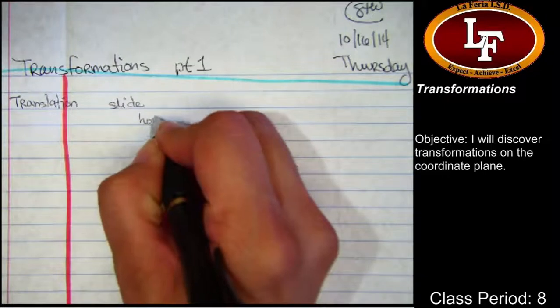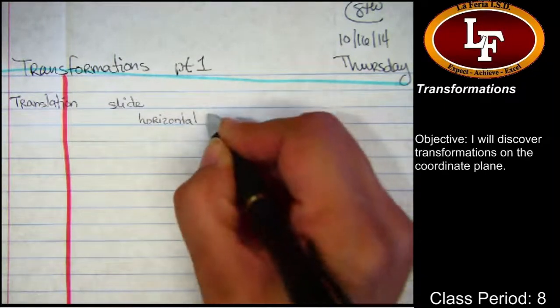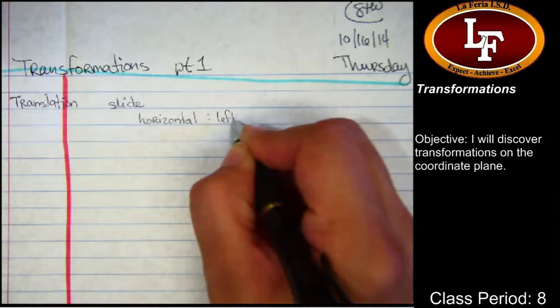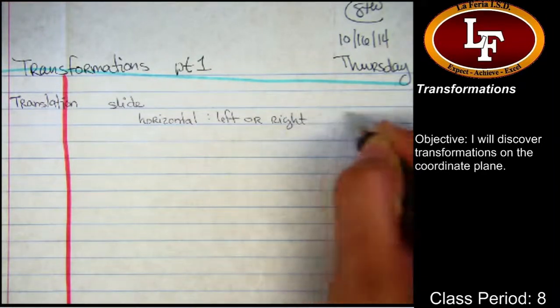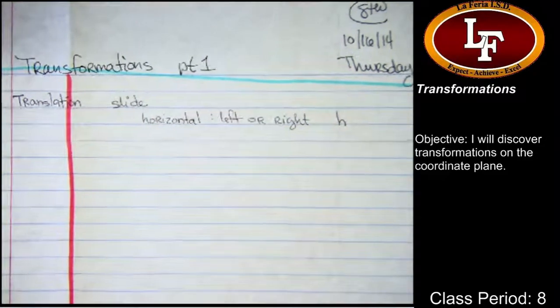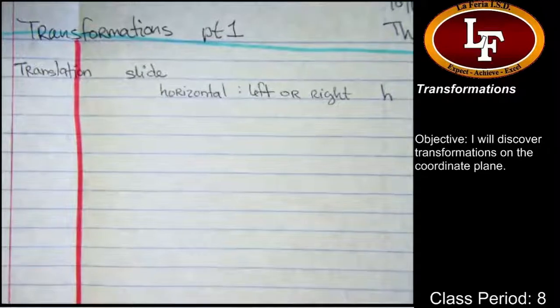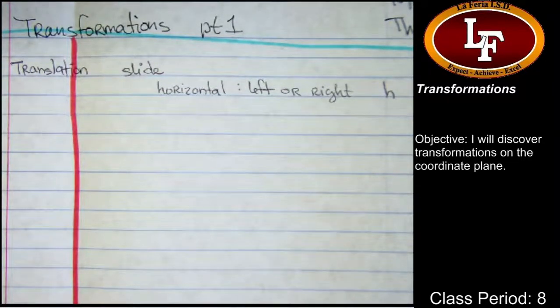So we're going to have some horizontal slides, and horizontal is that left or right movement. And we're going to use the letter H to represent however far we're moving, sliding, translating left or right.